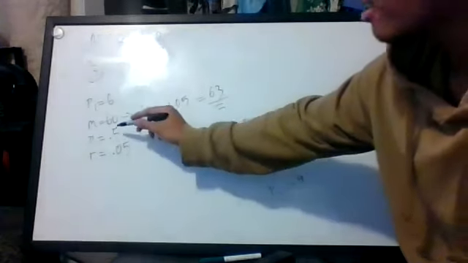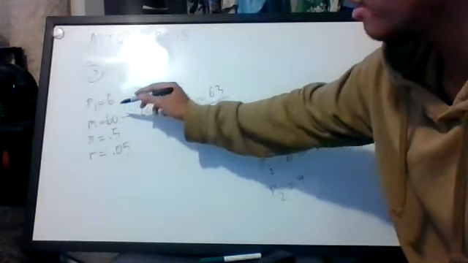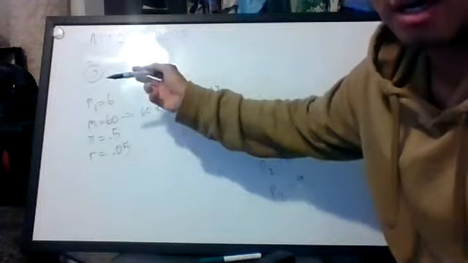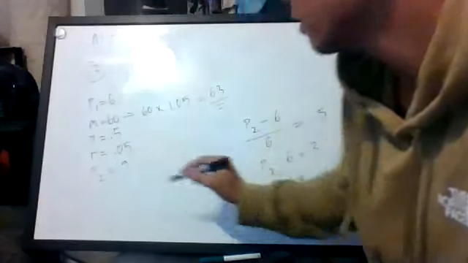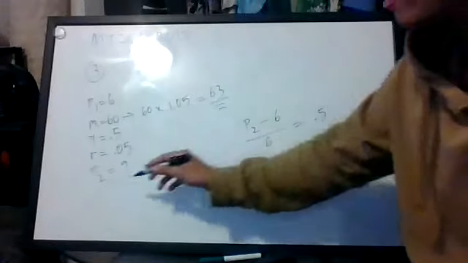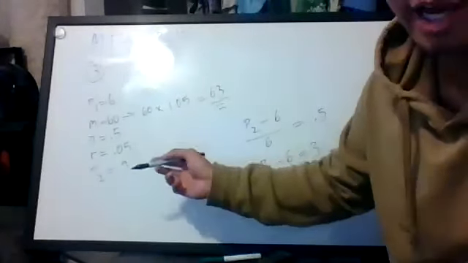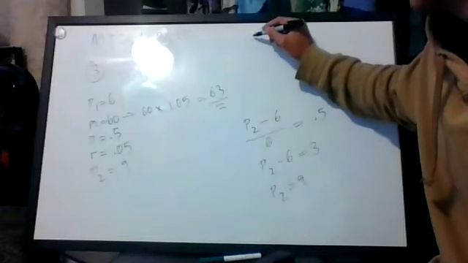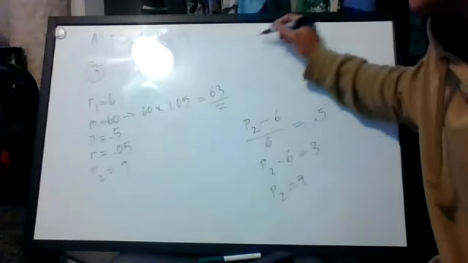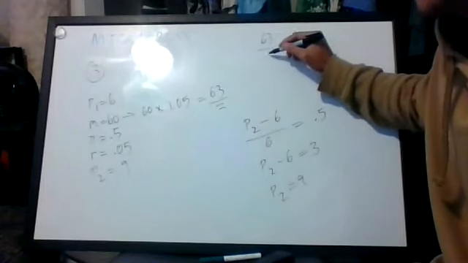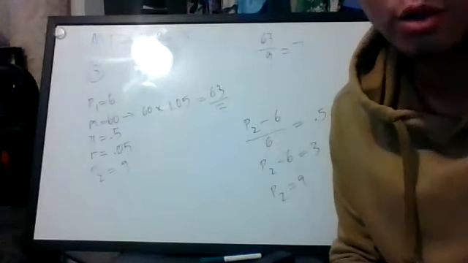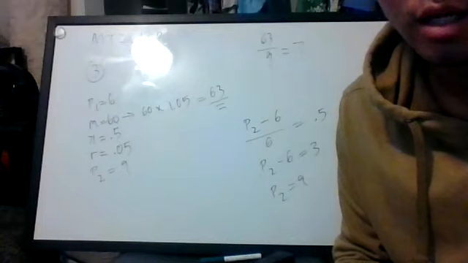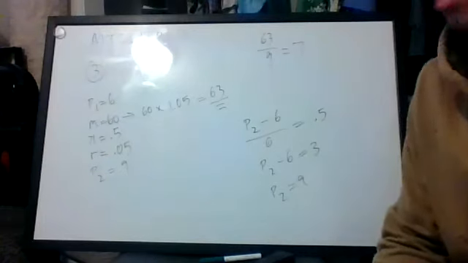So basically, if the inflation rate is 50%, a burger in period 2 will equal $9, right? And because we're only interested in how many hamburgers he can buy, he has $63 in period 2 and a burger costs $9, which is why he'll be able to afford seven hamburgers, right?